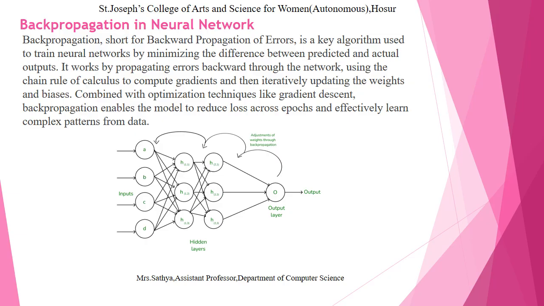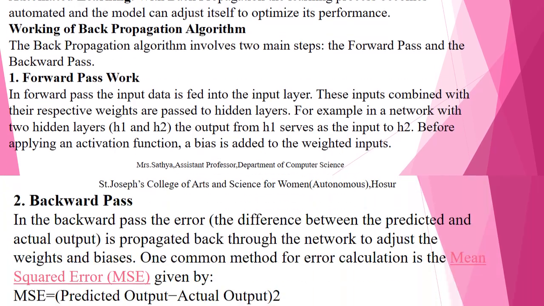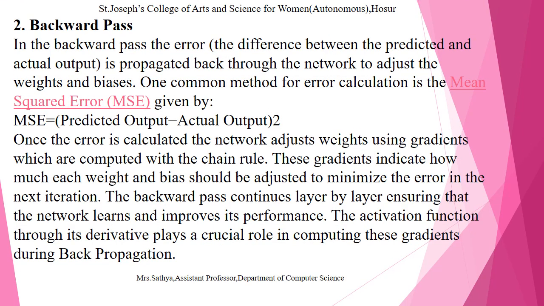Next, the working of the back propagation algorithm. In the forward pass, the input is passed through the network to get the output. Then in the backward pass, the error is propagated backward through the network.